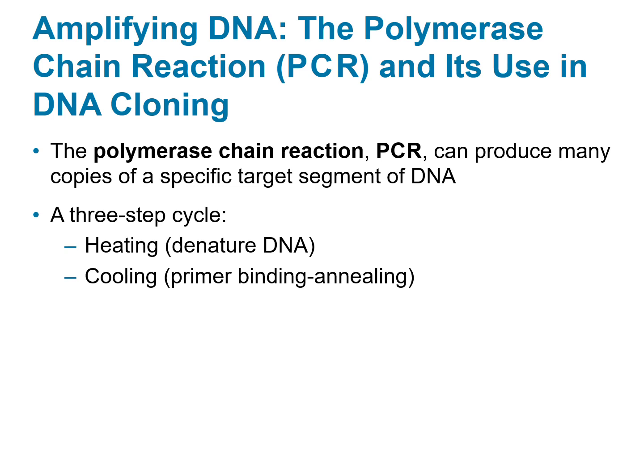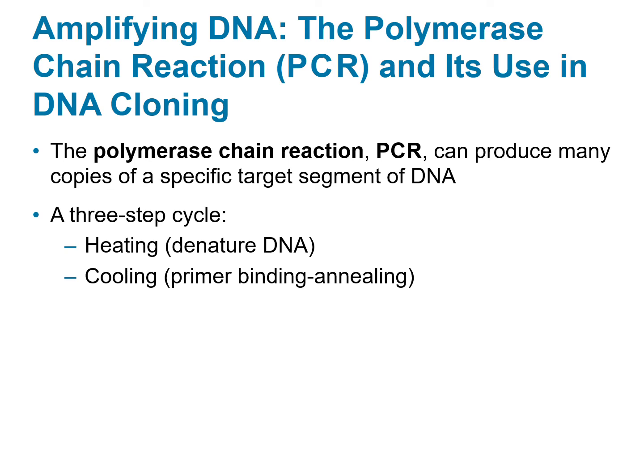Remember, primers are required in vivo as well, except they're RNA primers, because they're going to be degraded later and then replaced with DNA. However, in vitro, you use a DNA primer. It's more stable, and it stays incorporated into your DNA segment. This is the annealing step.